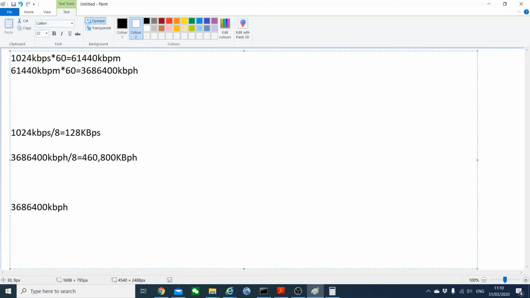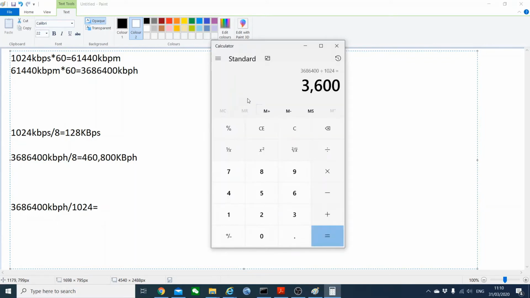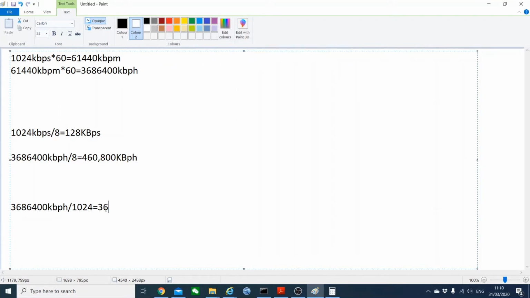We want to know how to get it into megabits per hour. So we are going to divide that number by 1024, and I did the math real quick, and we got 3,600, and this time it is a megabit in lowercase because we are still talking bits per hour.